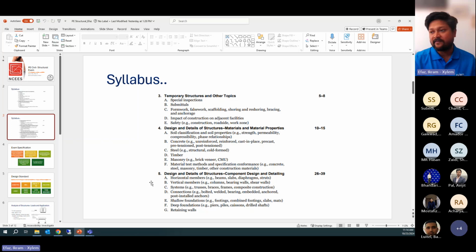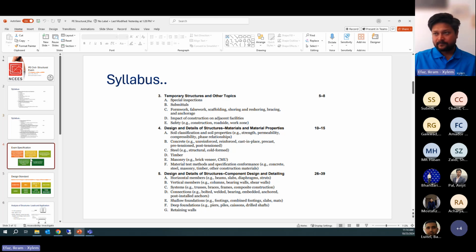Or you will find the vertical members, like column, bearing wall, shear wall. They are basically concrete or steel. Then there are truss and connection, which are steel. Connection, bolt, weld, they're basically steel. And then there are shallow foundation, deep foundation, and retaining wall, which are concrete. So if you are good with steel and concrete design, you are good with most of sections 4 and 5.